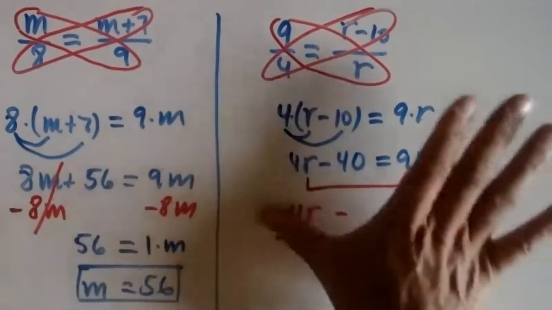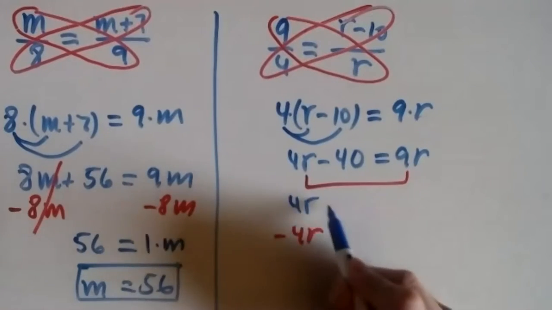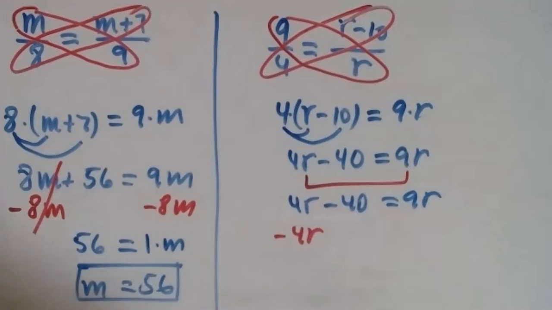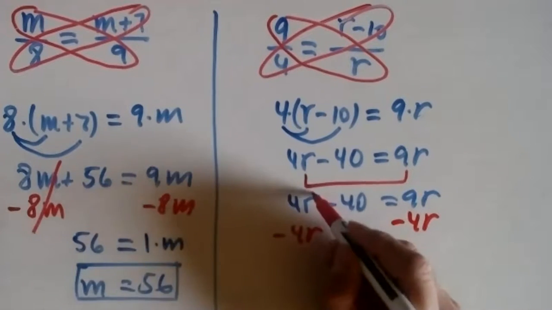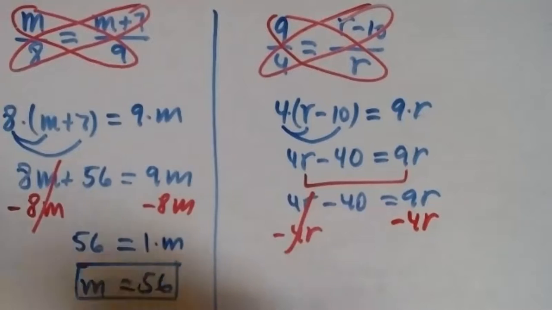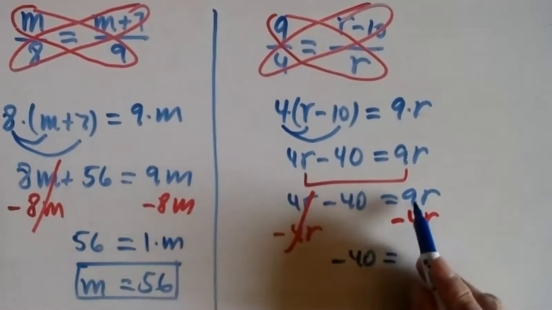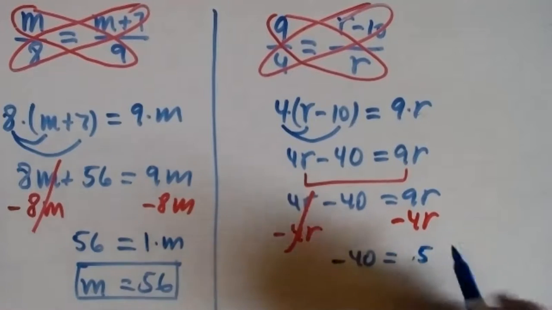Let me just use a different color here. So 4r minus 40 equals 9r. So you subtract the 4r both sides, you cancel this one, you get negative 40 equals 9 minus 4, positive 5r.